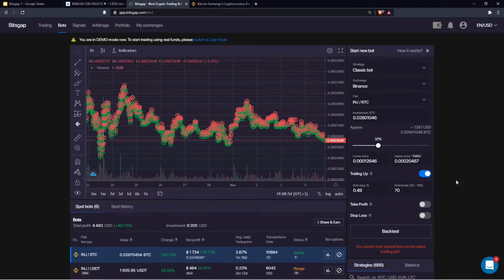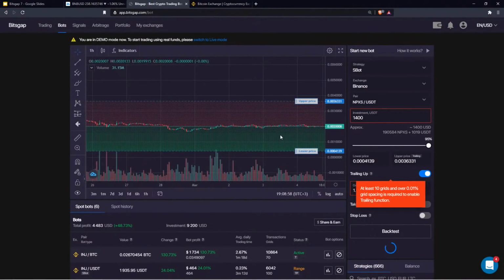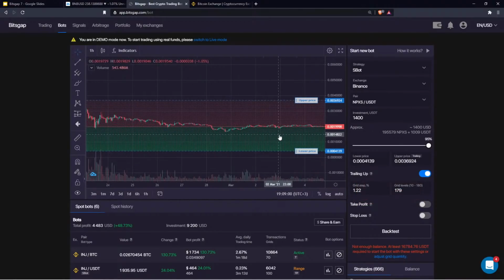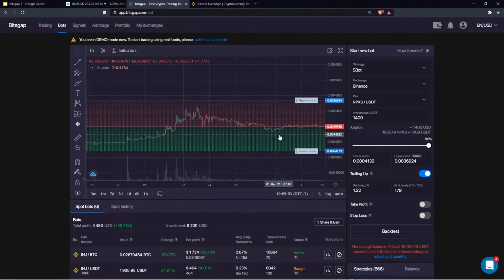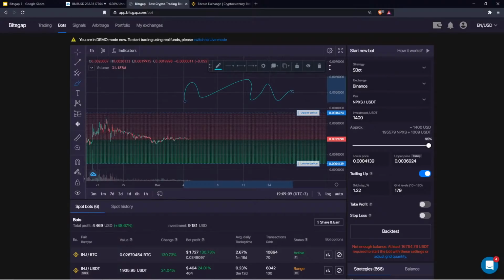So for this one, you will stick with the S-bot strategy, because this strategy is designed to take the most out of the market during the sideways movement.